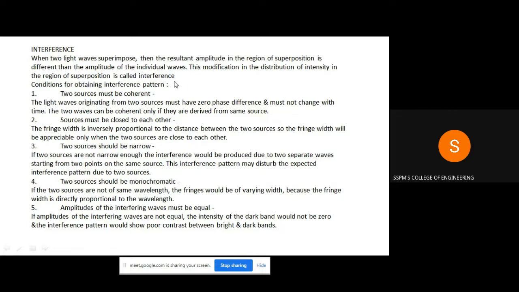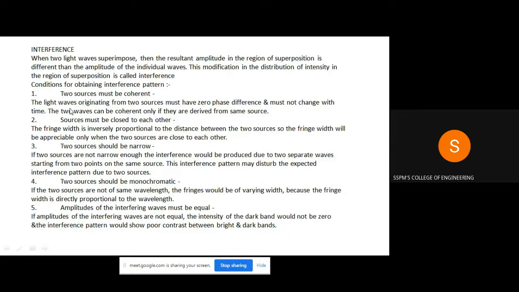That means when two light waves superimpose on each other, they produce maxima or minima of intensity depending on the phase difference. So that phenomenon is called interference. Which are the conditions to obtain a steady interference pattern? All this part you have studied.